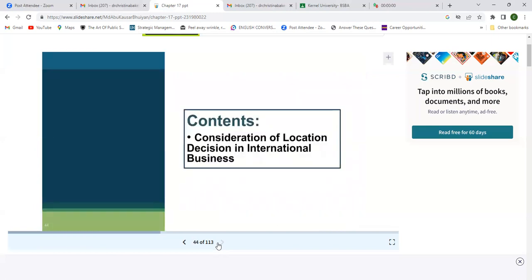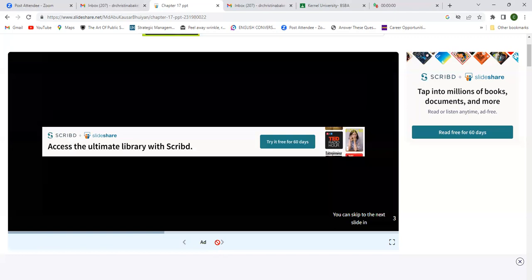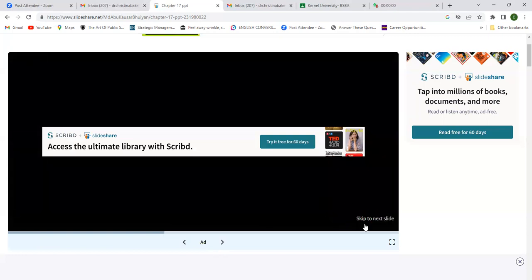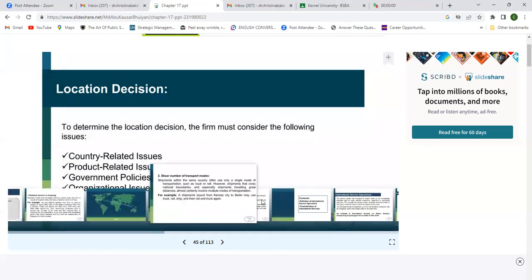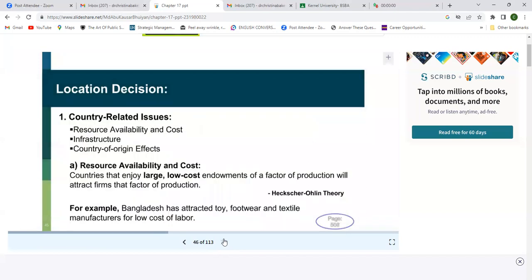Consider location decision and international business. To determine the location, the firm must consider the following issues: country-related issues, product-related issues, government policies, and organizational issues. Country-related issues: resource availability and cost, infrastructure, and country of origin effects.